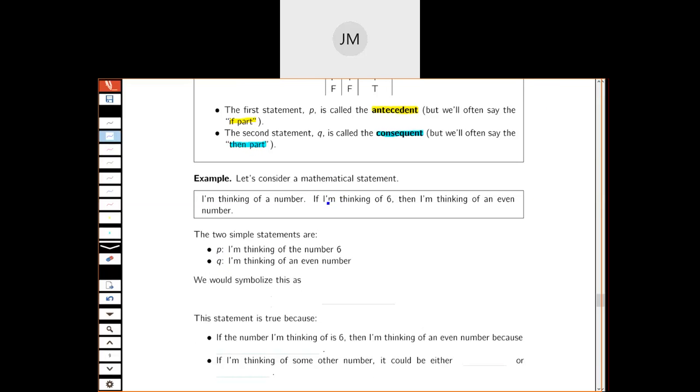So the way that I could symbolize this, if I want to take this thing here, then we can symbolize this as: if I'm thinking of the number 6, so if P, then Q. Okay, so that's really cutting things down. Now we can look at whether or not this is true without knowing what I'm thinking.